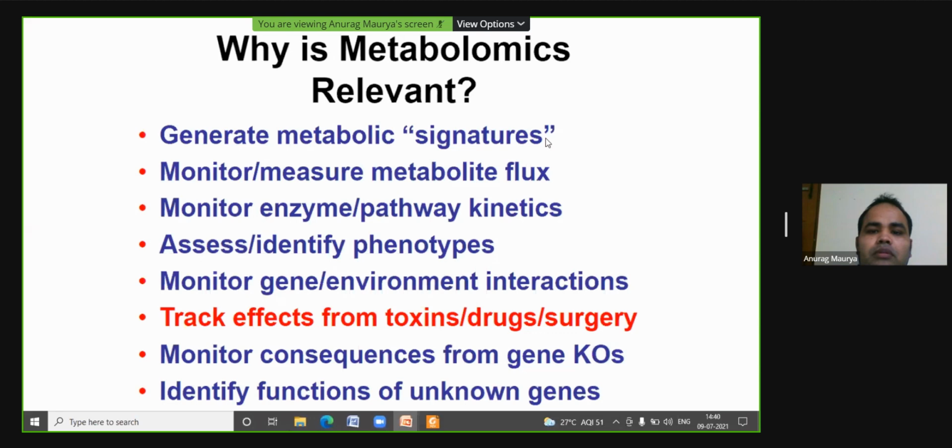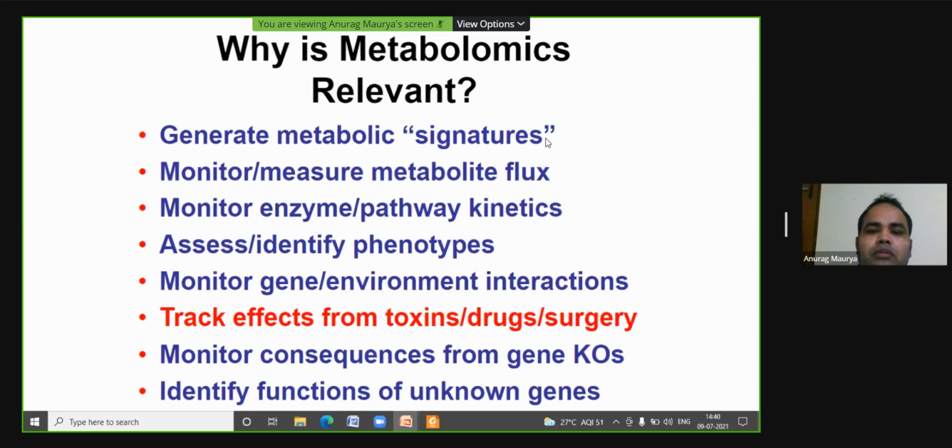Suppose you want to study a polyphenol from green tea and you want to quantify or identify it. Previously you had to go for column chromatography or thin layer chromatography, then HPLC, and after that an identification technique.